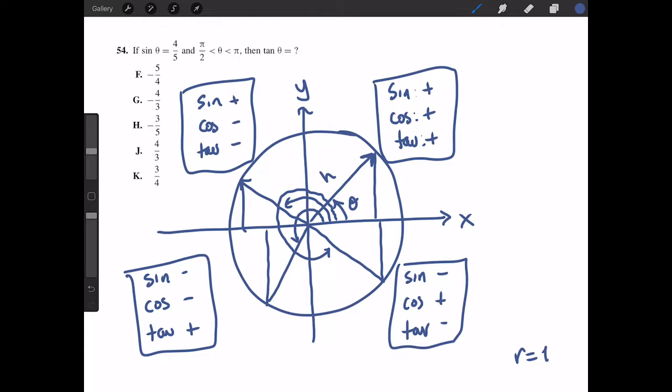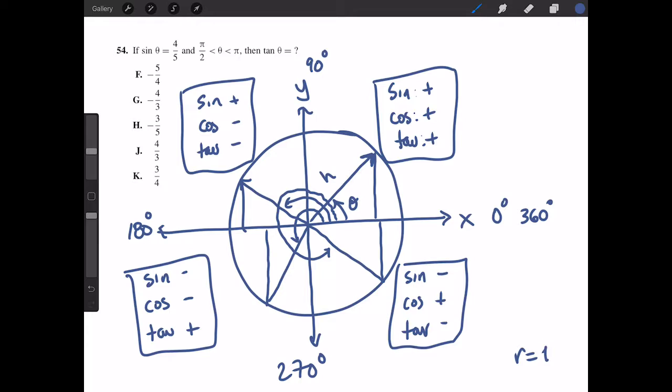How do you know which quadrant you're in? Based on the angle. And remember that, with degrees, 0 degrees is here, 90 degrees is here, 180 degrees is here, and then 270 is here. And finally, 360 gets you back to the 0 degree angle, but you've gone full circle.